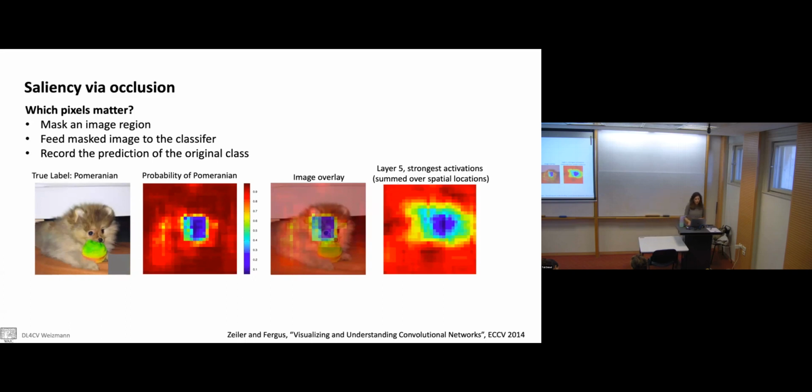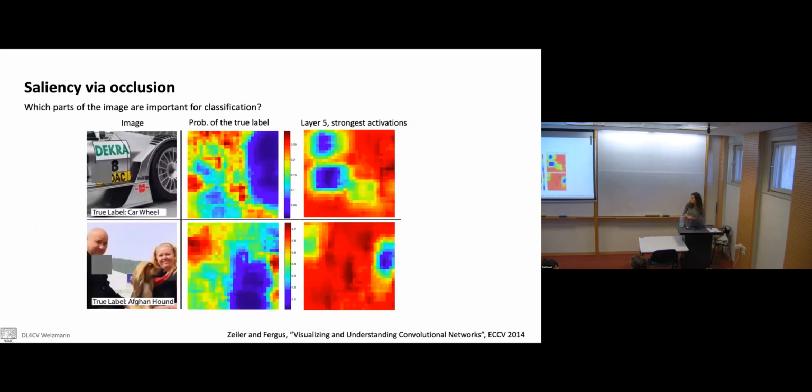Okay. So here are some more examples. Here, an image of a car wheel. And you can see again that if we block the wheel, indeed, the probability of the car significantly drops. But here, actually, layer 5 doesn't really care about the car wheel, but rather fires on text.